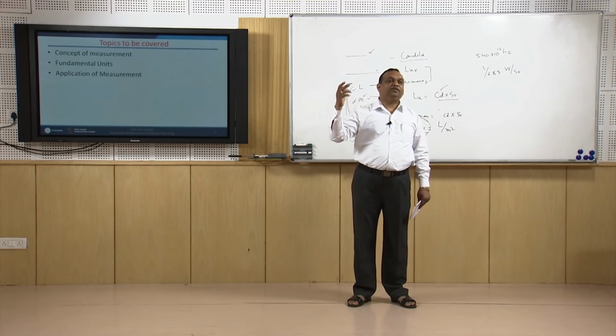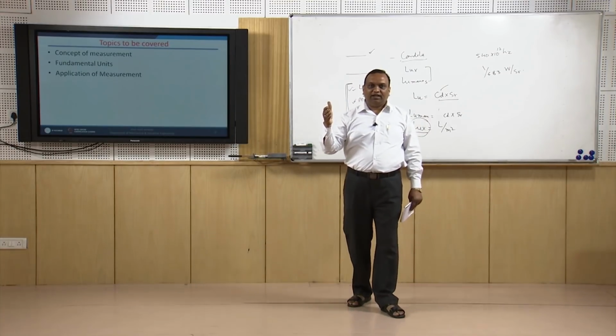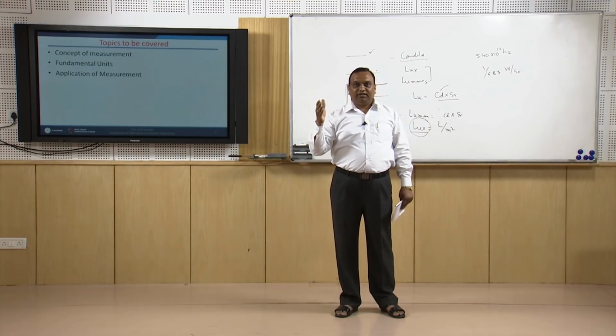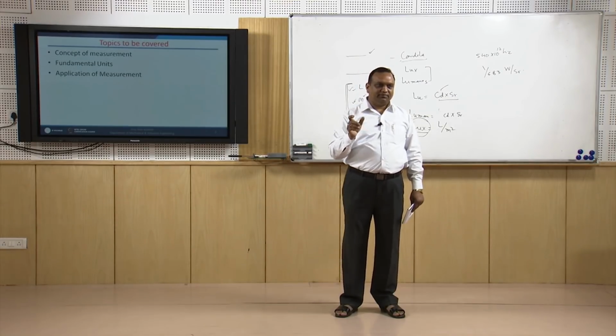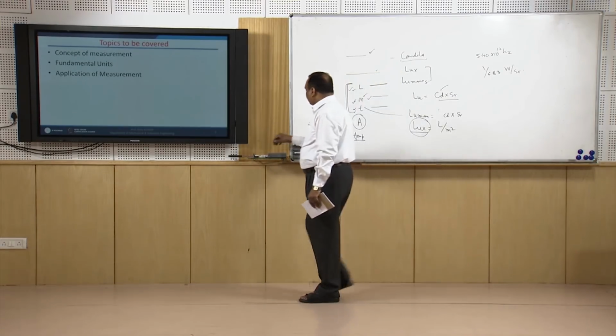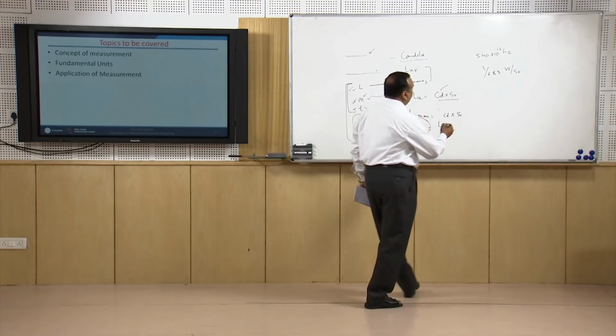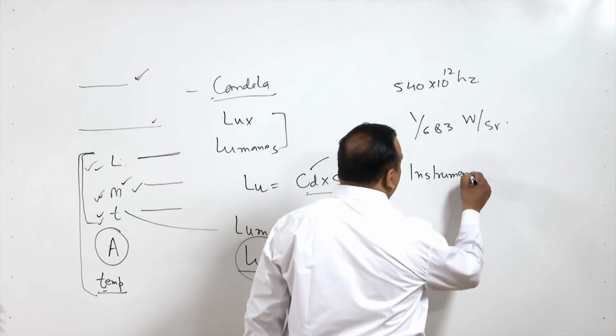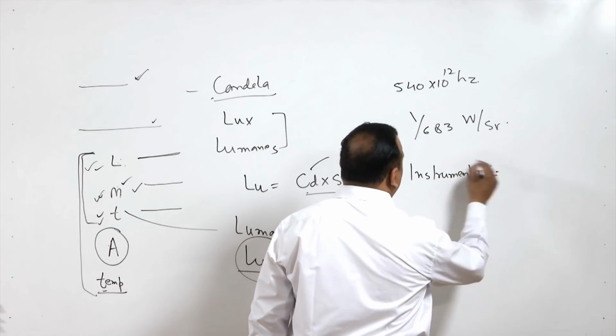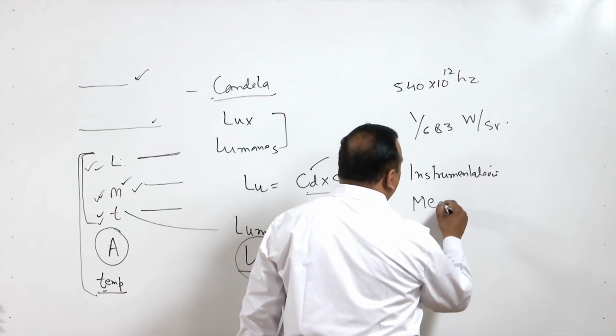A pressure gauge is an instrument, and an instrument is a medium for measurement. So instrumentation and measurement go together. They cannot be separated. So there are two things: instrumentation and another thing is measurement.